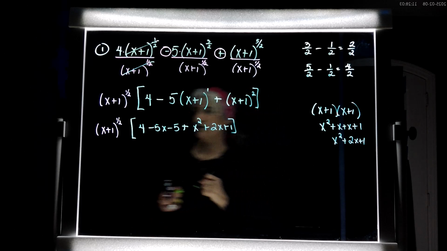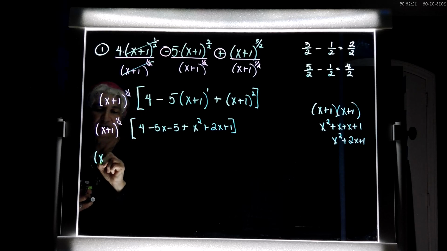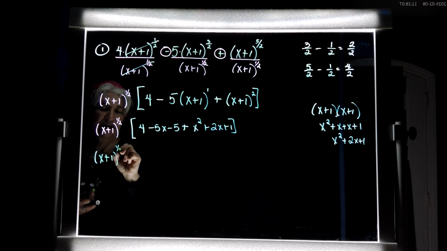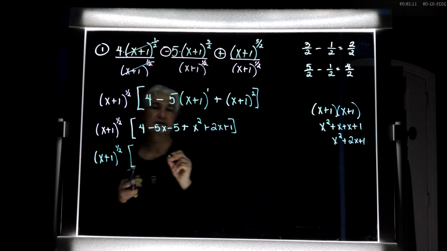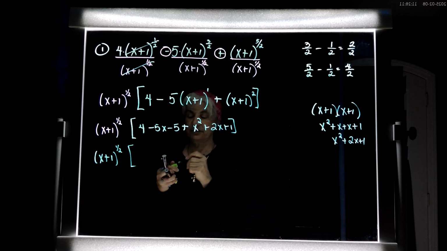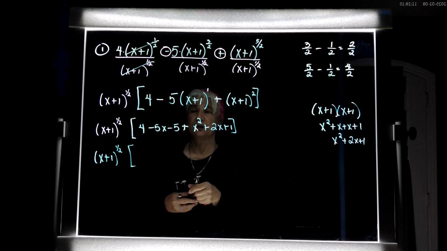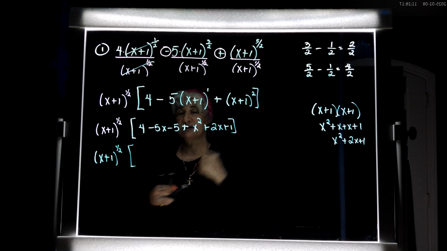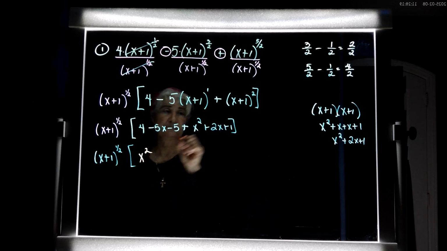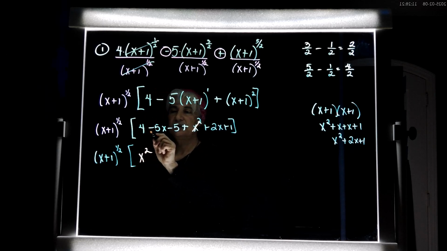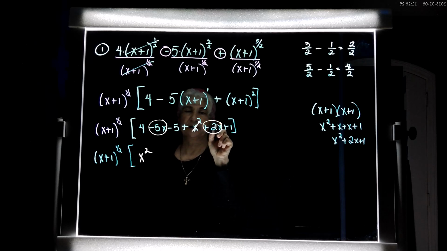Okay, let's look at our next line. So we have x plus 1 to the power of a half, and in the brackets, combining like terms. x squared is just x squared, right? And then I have a minus 5x and a positive 2x.